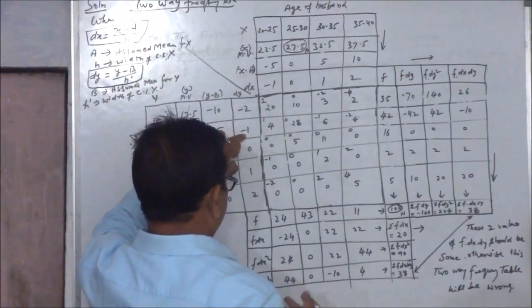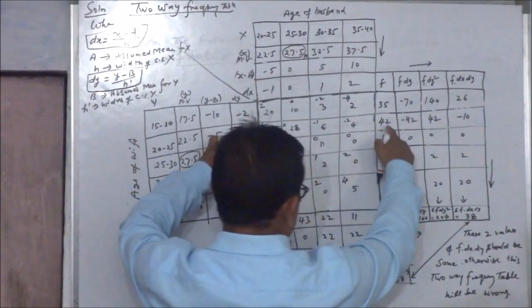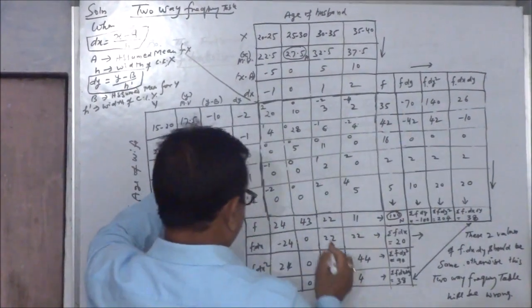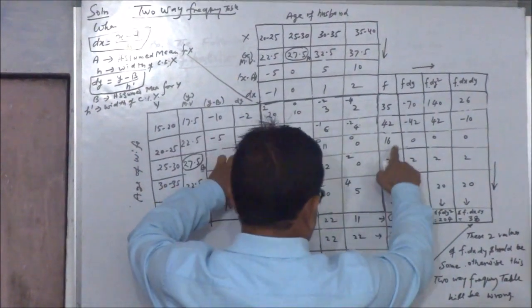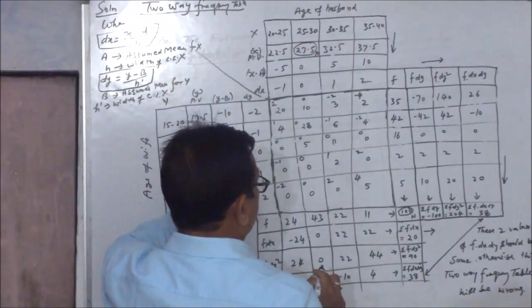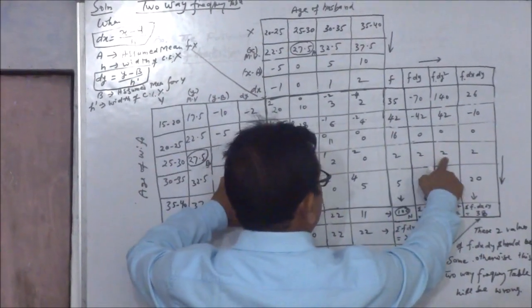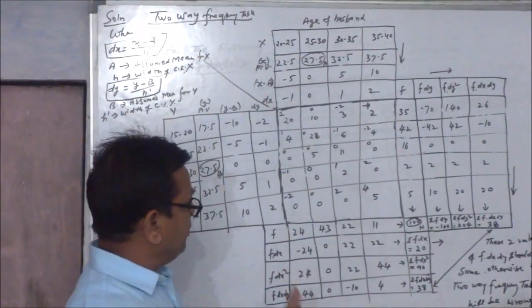Dy square will be minus 1 square, which is 1. 1 into 42 will be 42. Similarly, dy square here will be 0, and 0 into 16 will be 0. Similarly, dy square here will be 1, and 1 into 2 is 2. This is the way you have to find f dy square.